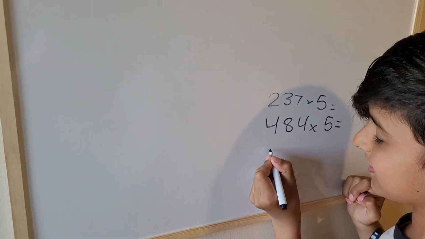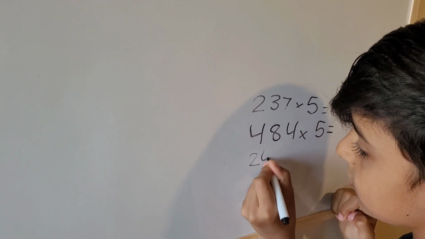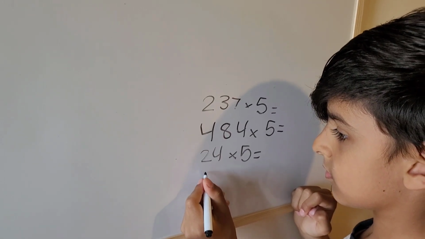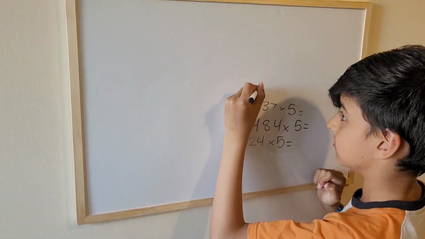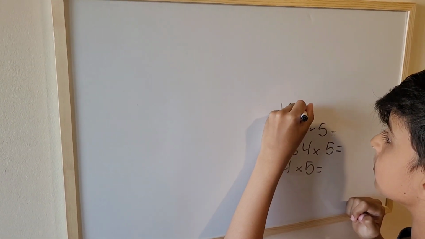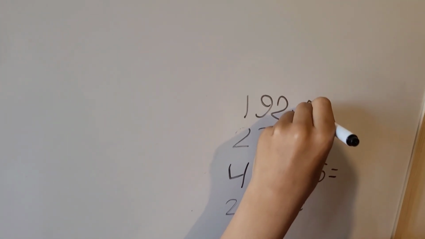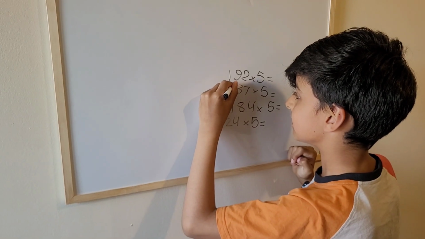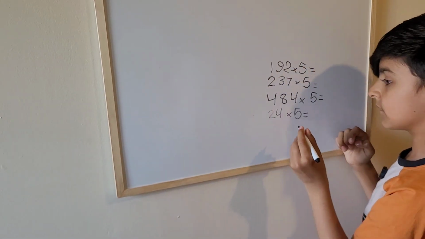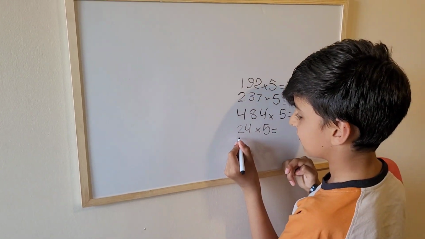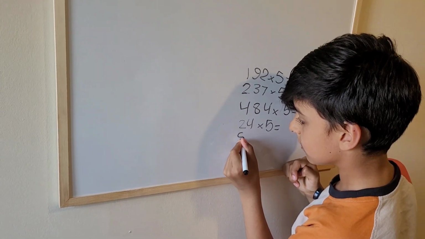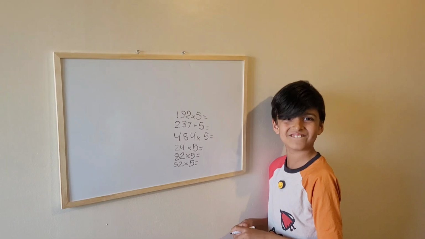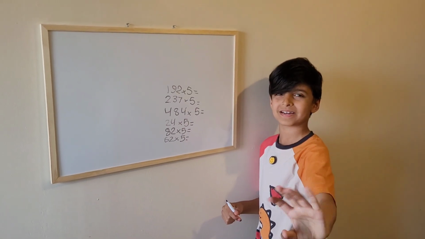The 2-digit examples are 24 times 5 and 82 times 5. I'll also give you some 3-digit ones.